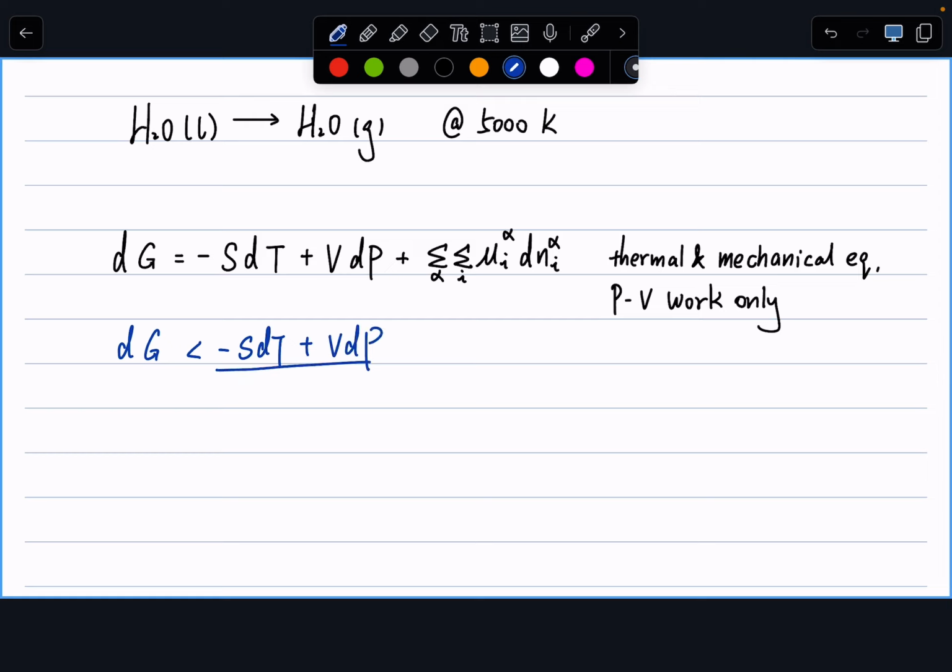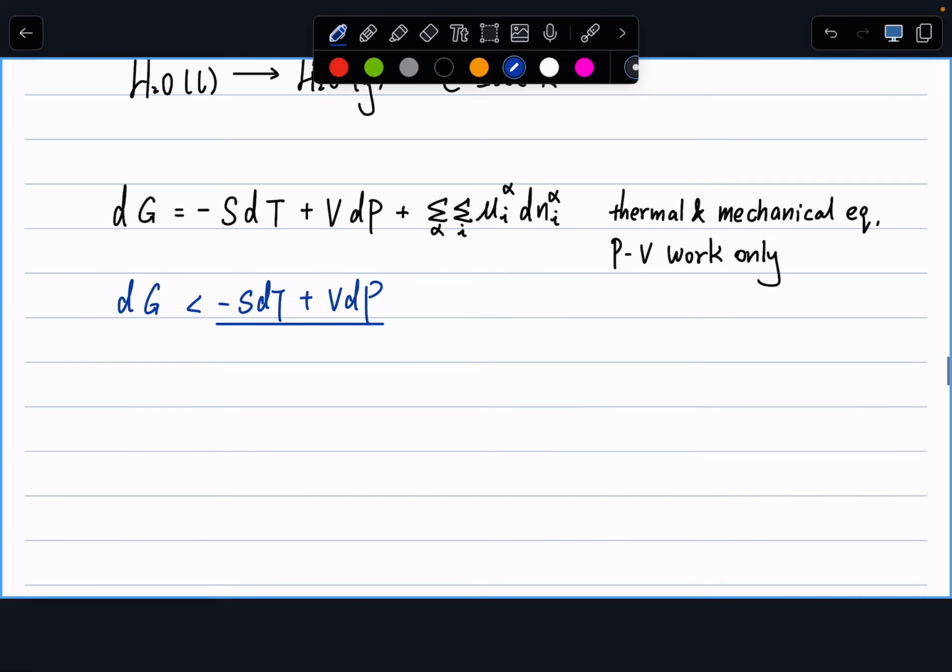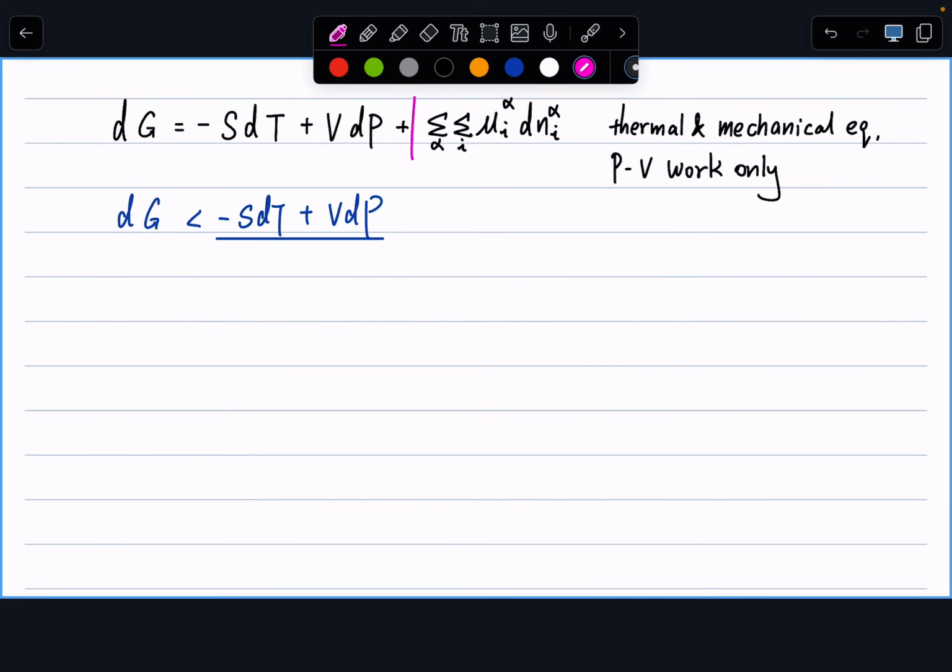This is the Gibbs free energy at equilibrium, the dG at equilibrium. So what that tells us is that this term, the double summation over alpha and i of mu i alpha dn i alpha, must be a negative number.